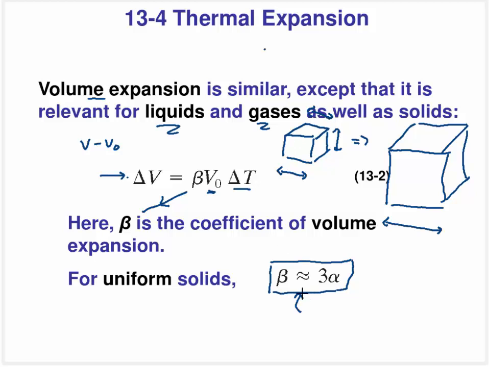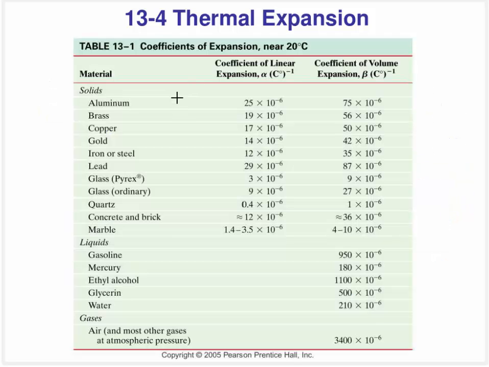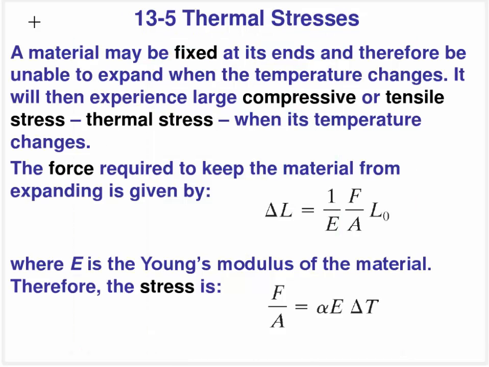So in general, the volume expansion is going to be 3 times that of the linear. We can take a quick look at these coefficients for various solids. You can see that this 10 to the minus 6 means that it's going to be quite small for linear expansion. And for volume expansion, you can see for aluminum, for example, it's about 3 times the coefficient of the linear.